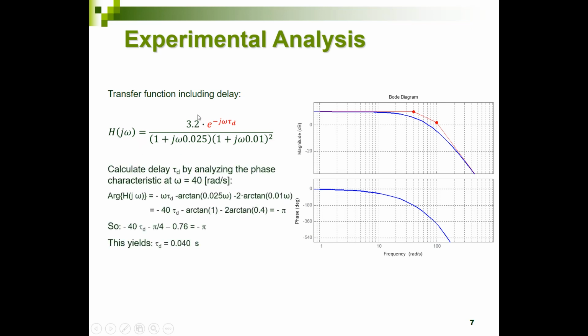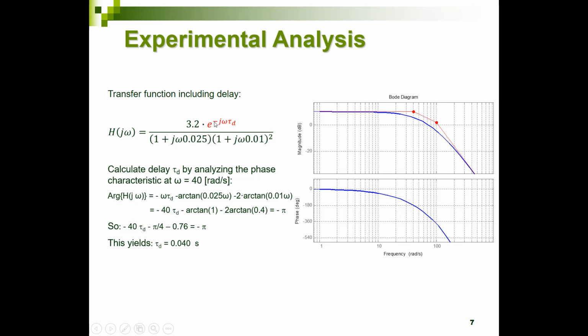The phase of the numerator is the phase of this part plus the phase of that part. This is a real number, on the real axis in the complex plane, so the phase contribution is 0. The phase of a delay, the phase of an exponential complex number, is in the exponent of this expression: everything in this exponent except for the j.